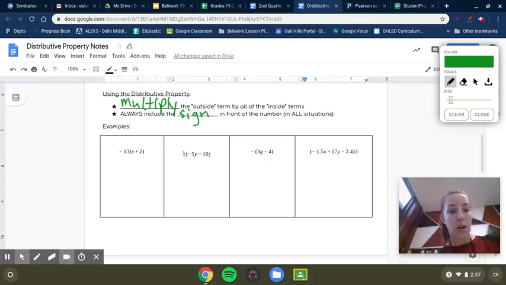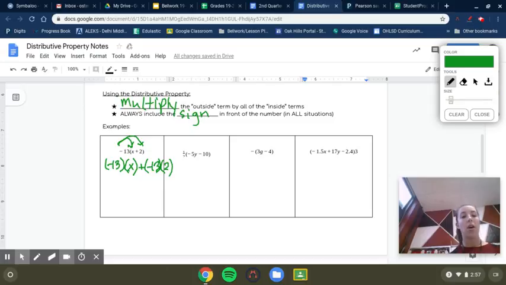So when I multiply this out, negative 13 is what's being multiplied. So I'm saying that negative 13 is being multiplied by x, plus negative 13 is being multiplied by 2. Then when I solve this out, I have negative 13x plus negative 26.